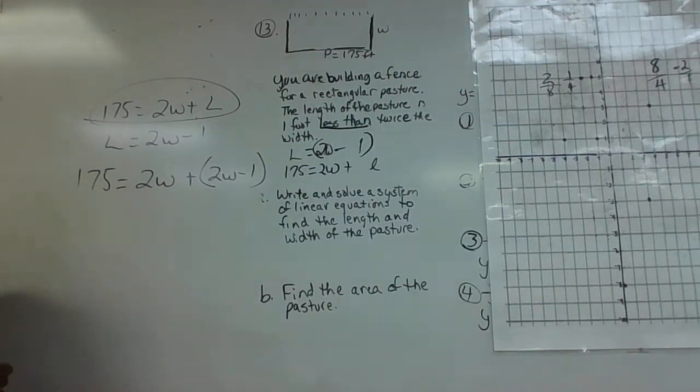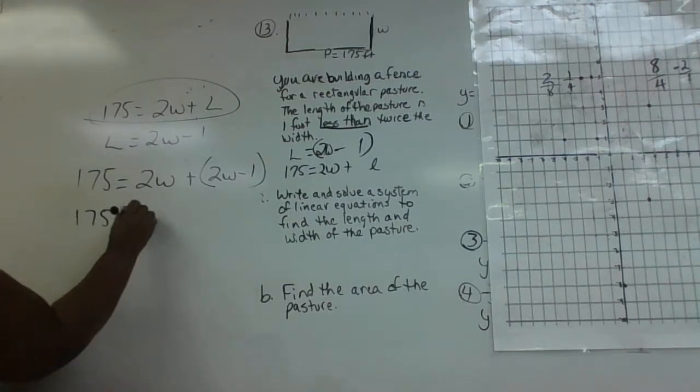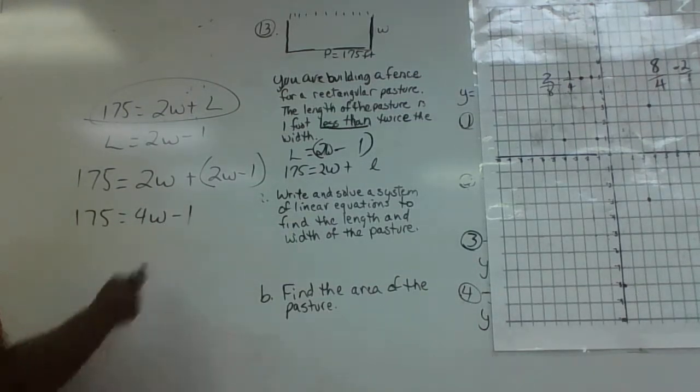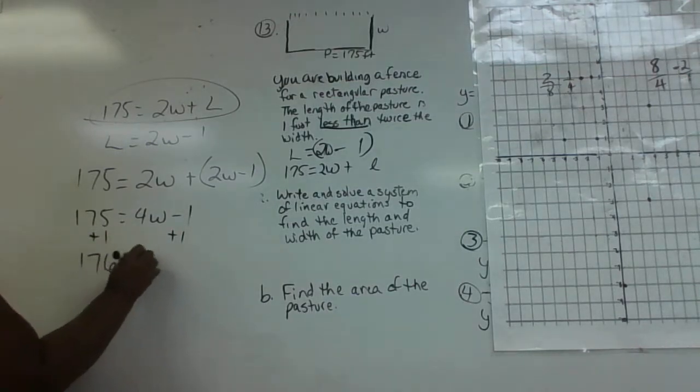All right, so now let's put it all together. 175 is equal to 2W plus 2W gives us 4W minus 1. Let's add 1 to both sides. 176 is equal to 4W.